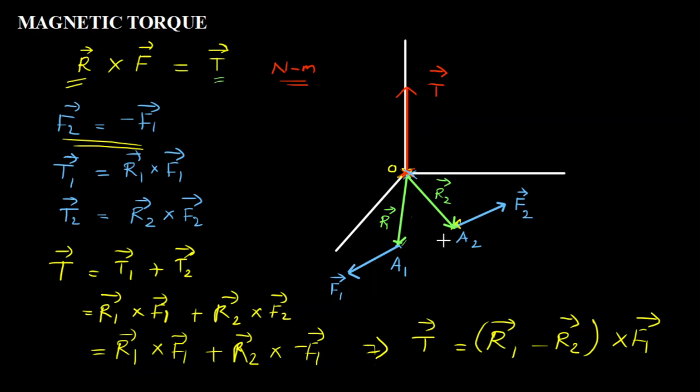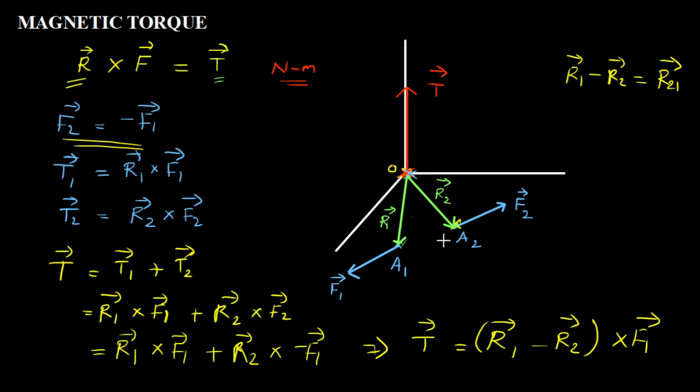So basically this R1 minus R2 is nothing but R21, right? So vector R1 minus vector R2 is nothing but R21, by the distance formula, R21 vector.